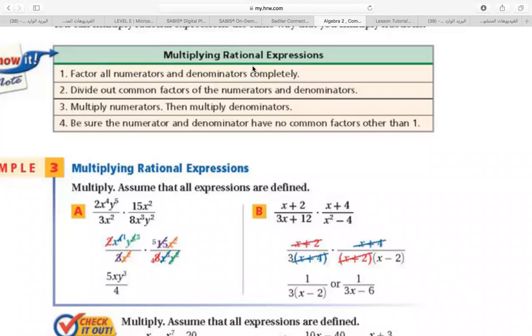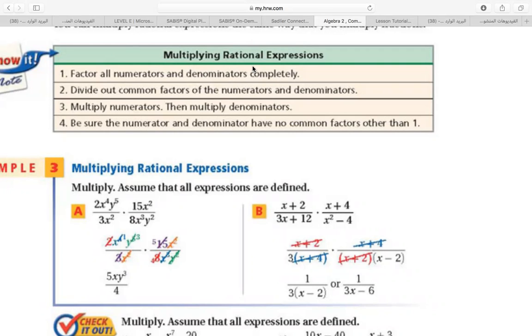Okay, girls, let's solve our examples that are maybe like the other two examples in the review. Multiply, then assume that all expressions are defined.